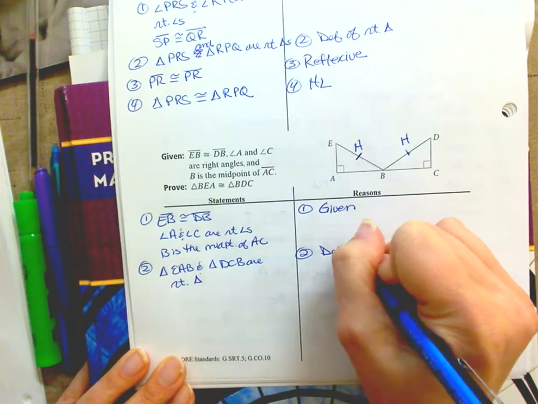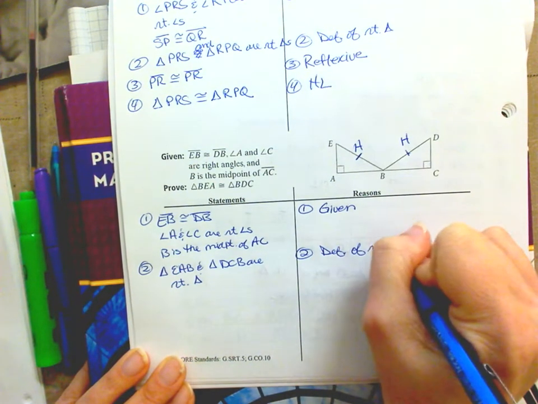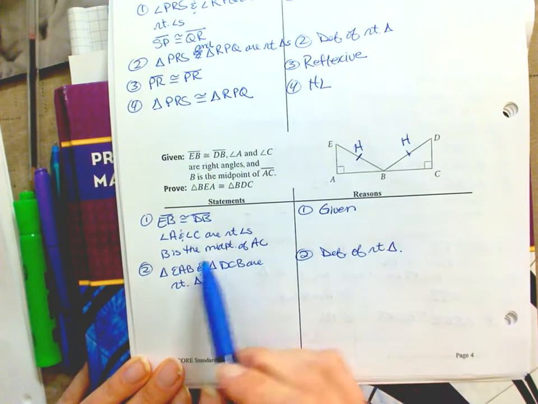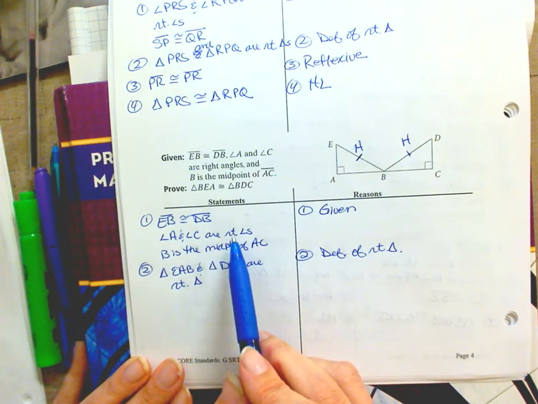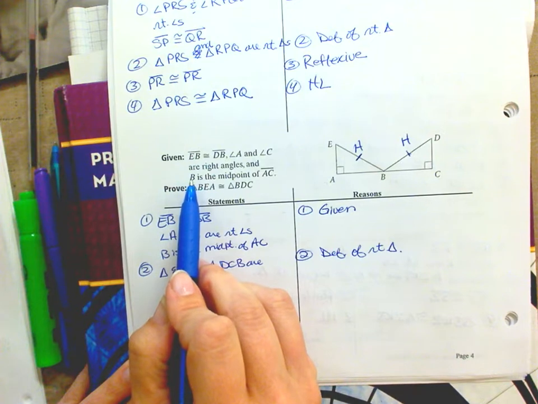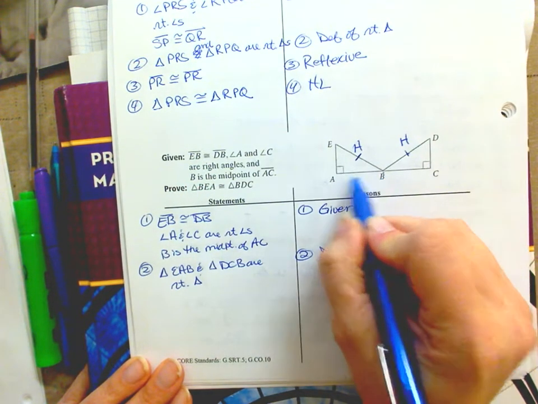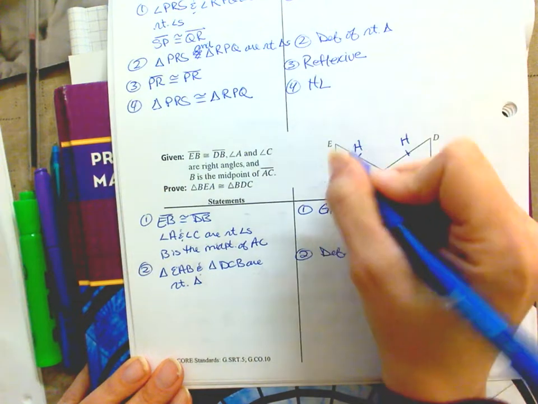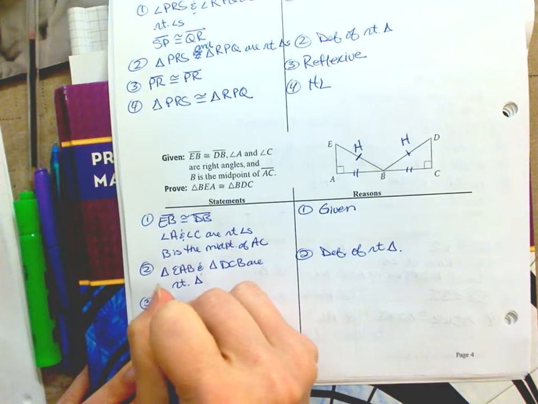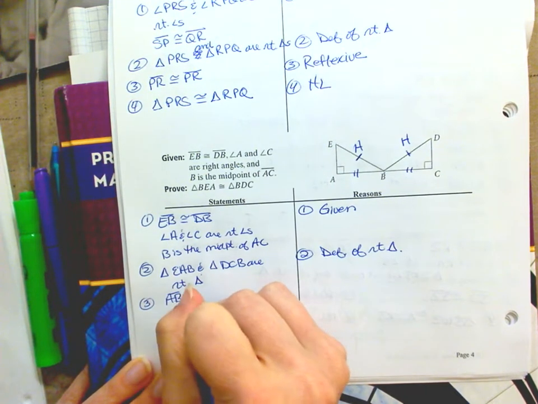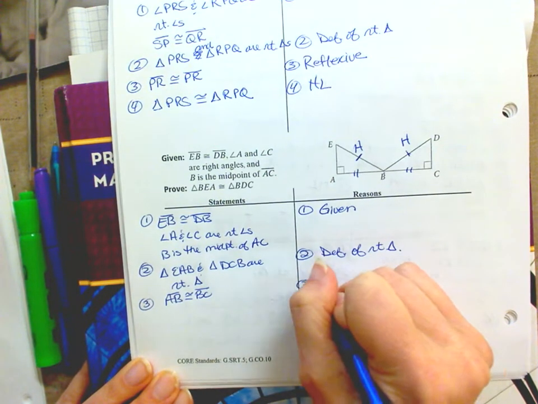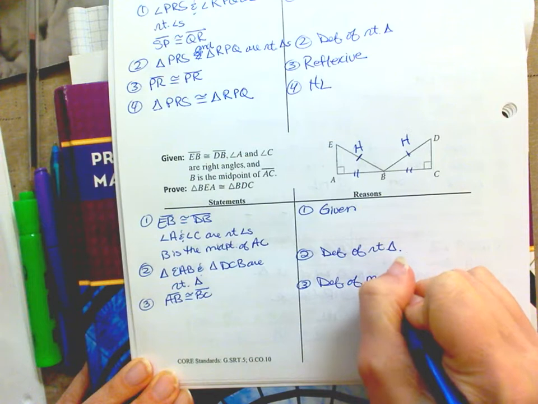Hopefully you've got this one down. Definition of right triangle. So we've got three things, right? We've got hypotenuse, right angle, right triangle. Now all we need is a leg. If you notice, they gave us this B is the midpoint of AC. So AC is the whole bottom, B is the middle. Therefore, AB and BC must be congruent. Definition of midpoint.